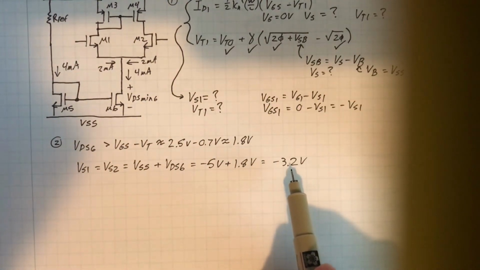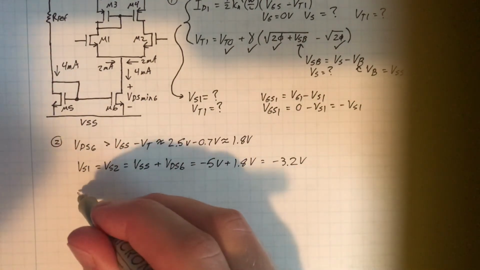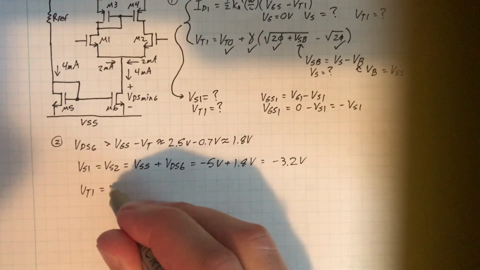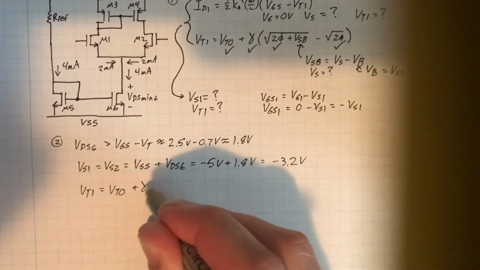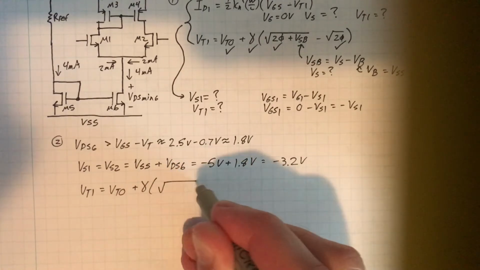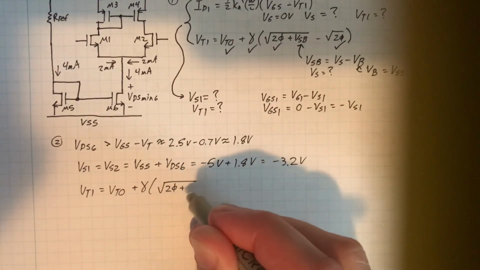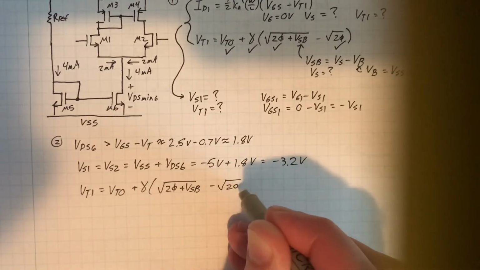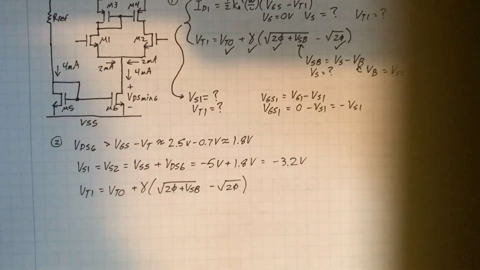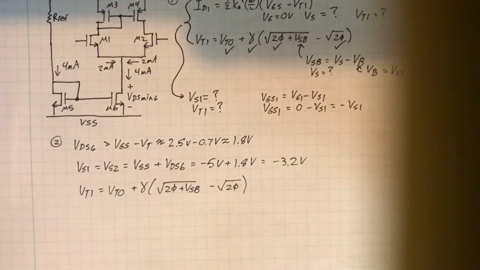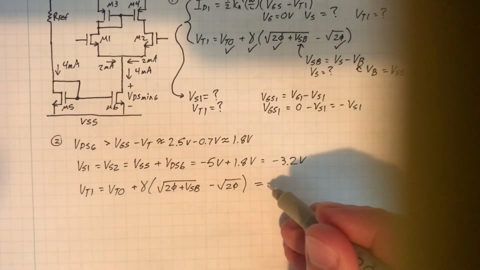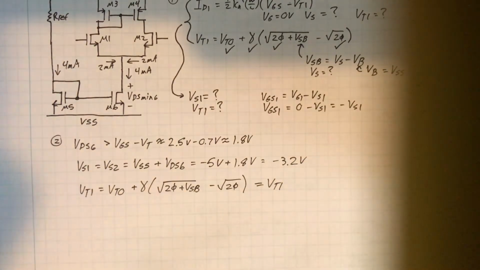If you know the source voltage, then you can figure out what VT is. Right, just the body effect equation again, except you actually know the source voltage this time, so you can directly solve for VT1.